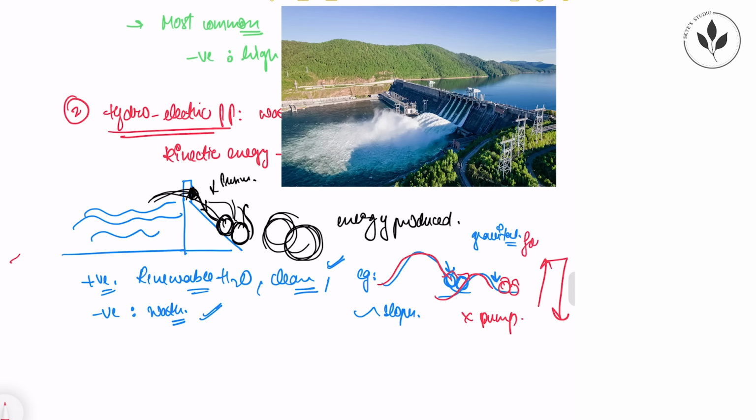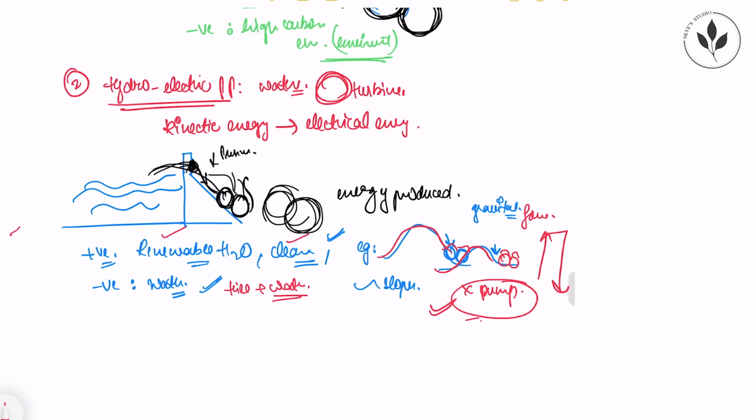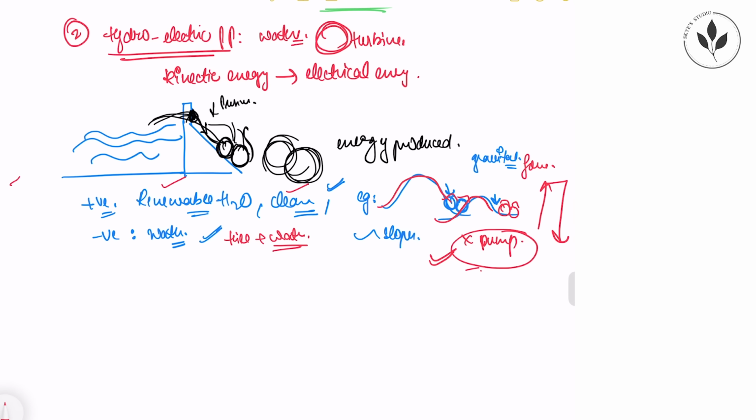In the hills, we automatically get this with the help of gravitational force, and without using the pumps, we are actually saving energy and a lot of money. So a constraint is we need hills plus we need water. But the positive point is it is renewable, it's clean, and it hardly produces much pollution.